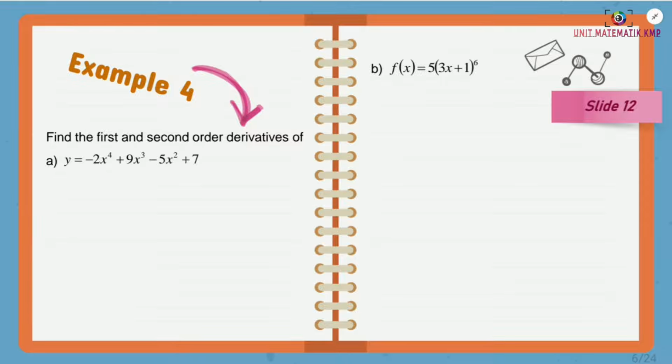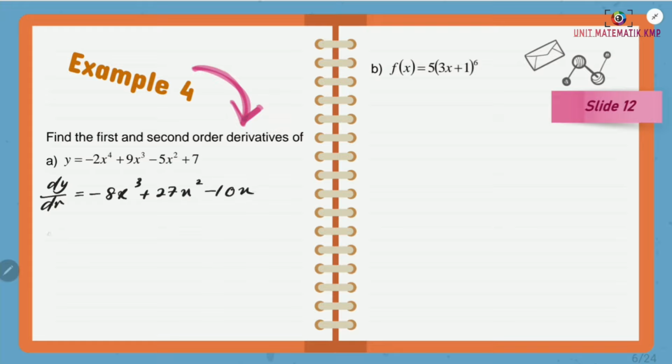For example 4b, find the first and the second order derivative of y equal to negative 2x power 4 plus 9x cubed minus 5x squared plus 7. For the first derivative, dy/dx equal to negative 8x cubed plus 27x squared minus 10x.